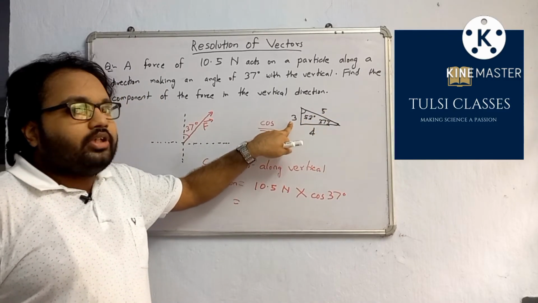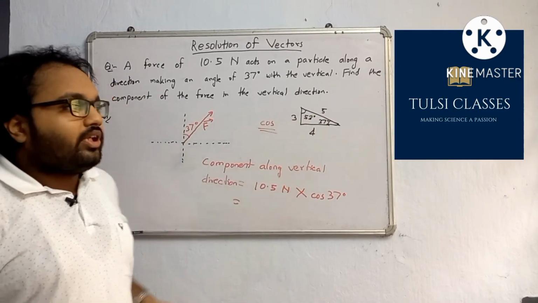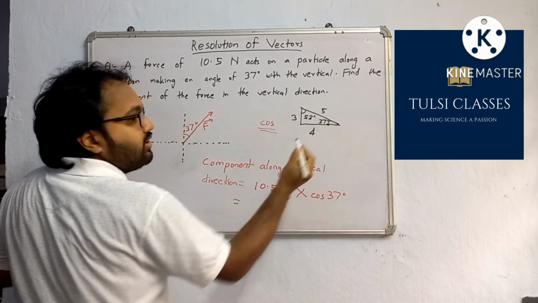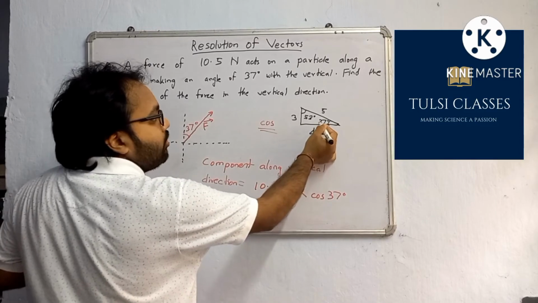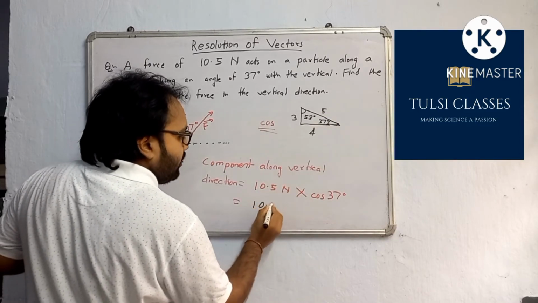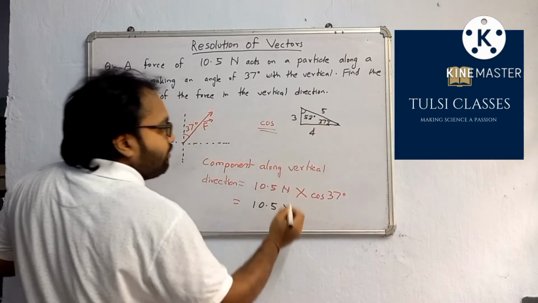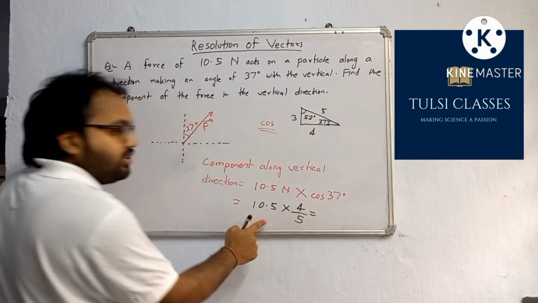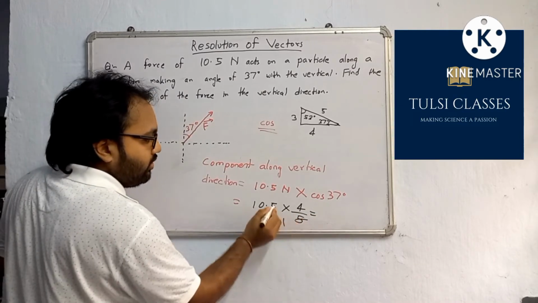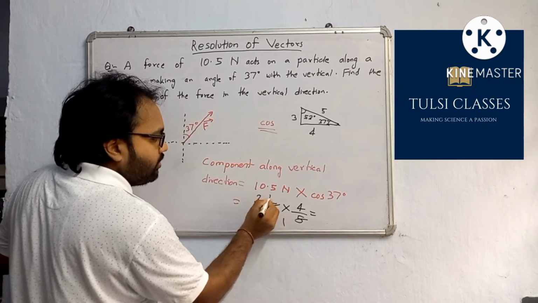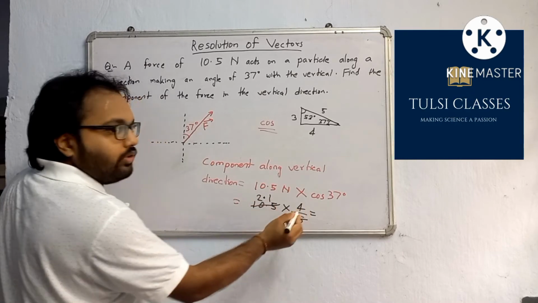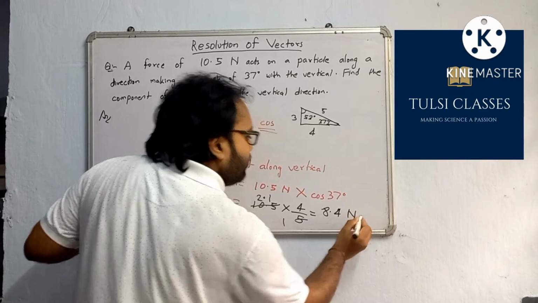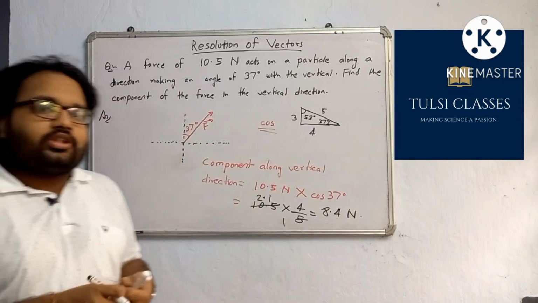That's why cos 37 degree, base by hypotenuse, is 4/5. So 10.5 multiplied by 4/5: cancel, 5 ones are 5, 2 ones are 2, the point will be there, 2.1 into 4 is 8.4 Newton. This is the component of the force in the vertical direction.